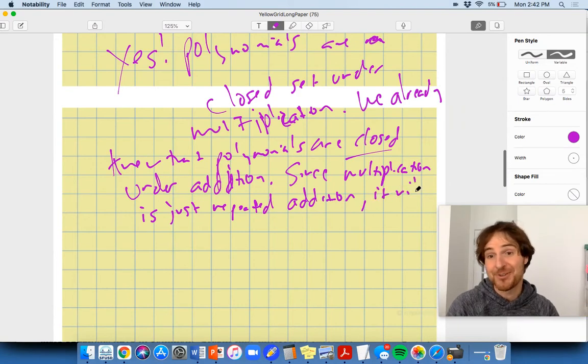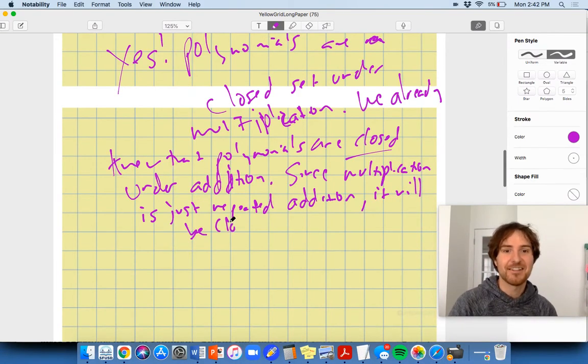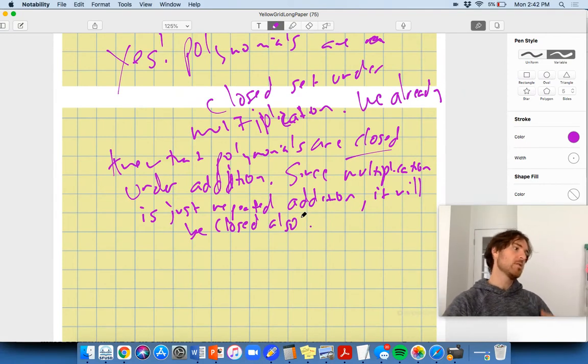It will be closed also. Okay, if it's true for addition, that law is going to be applied to multiplication because multiplication is just repeated addition, so it gets that property as well.